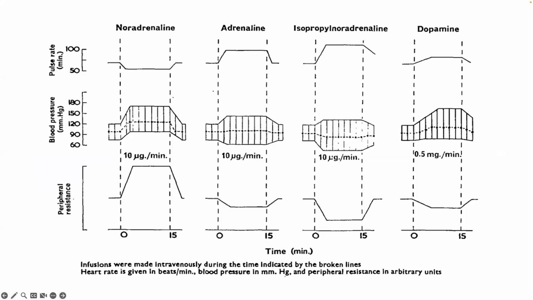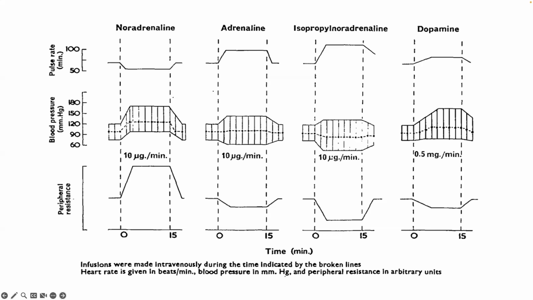So just to show you a picture from a study from the 60s when much of this research was done, you can see at the bottom there your systemic vascular resistance, and you can see how nicely adrenaline drops your systemic vascular resistance, unlike noradrenaline, which is the first slide.